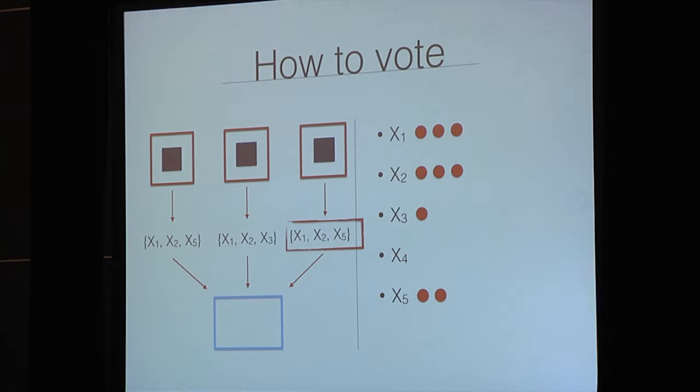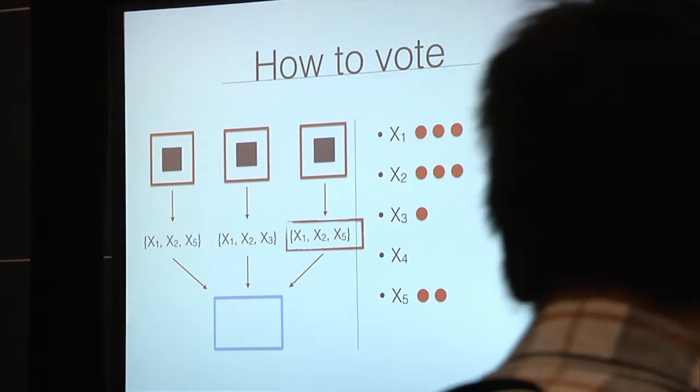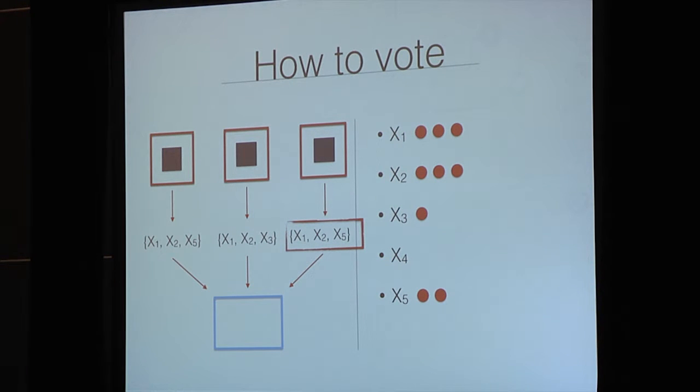Then you keep all the features that have at least half of the total votes. So in this particular case, we select features that have at least 2 votes, and we rule out x3 and x4. The final model will be x1, x2, and x5, which we refer to as the median model in this case.